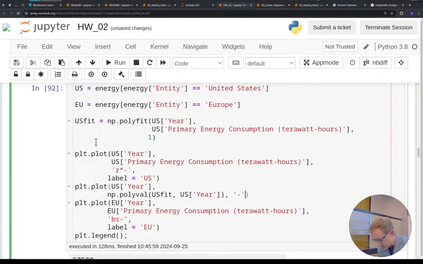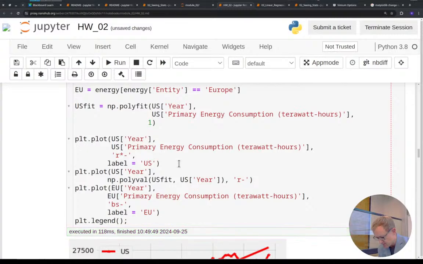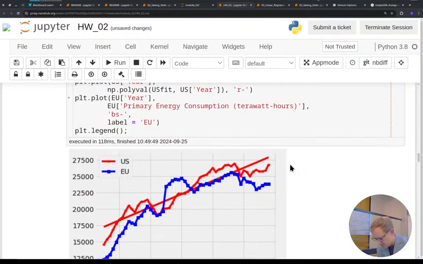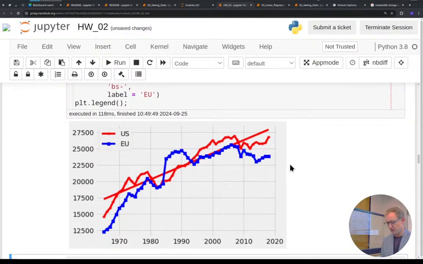And we'll do red to match the red stars. Yeah, so it did work correctly. So right now for the US, that's my best fit line. And it's not great, but it's not terrible.